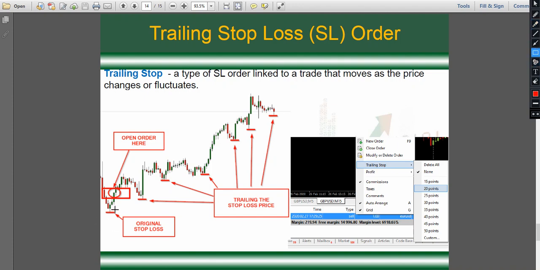So down here, you entered a stop loss to protect you against further losses if the market goes against your direction. Then as price moved up, you realize price has gone quite a bit. You said, fine, I would want to have a trailing stop. In other words, I want to move my stop loss above so that I can either break even or still make some profit even if the market closes by executing the stop loss order.